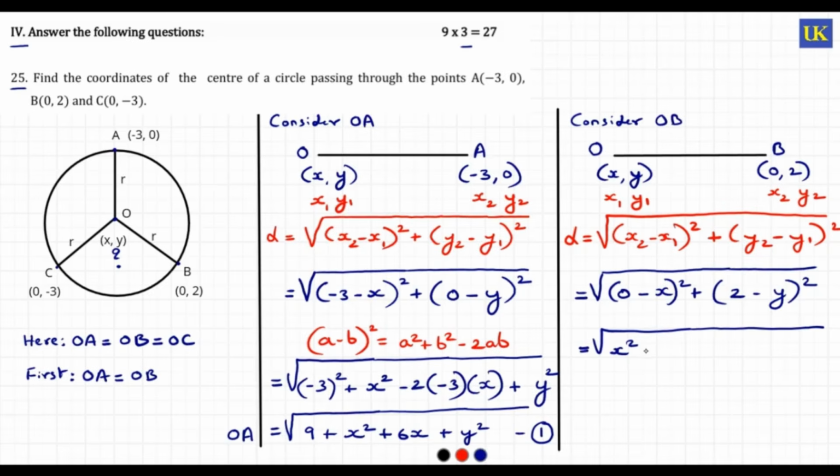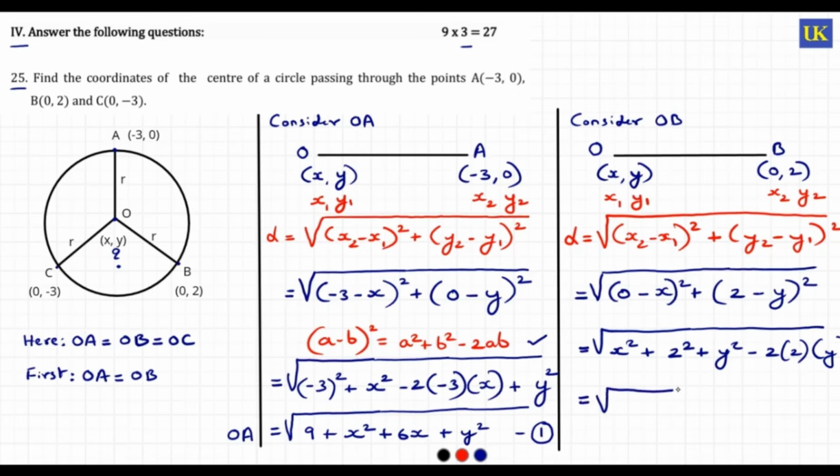Then this part is done. Plus then 2 minus y the whole square. Again, I will be applying this formula, a minus b the whole square. With the same formula, I will write 2 square plus y square minus 2 into 2 into y.